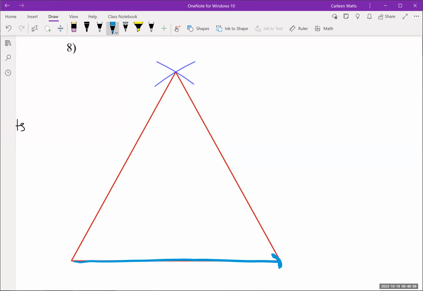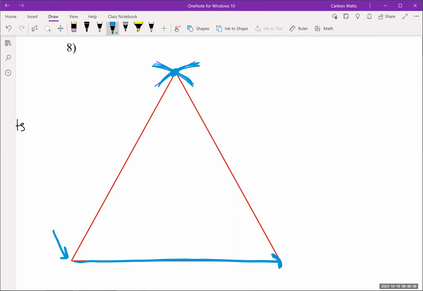I put the point of the compass right here and I made an arc equidistant to that bottom blue line. Yeah, so I used my compass to measure and then reach for the sky. Then I put the point of my compass over here, reach to the sky.